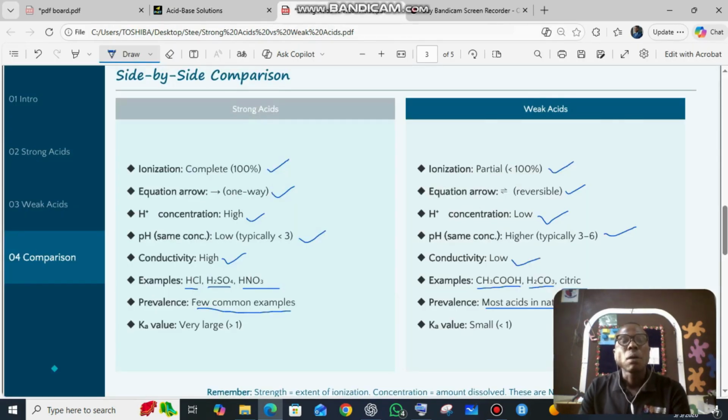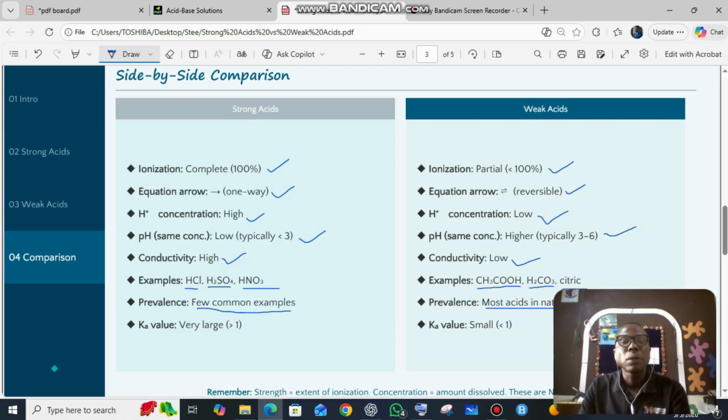So far, we are able to differentiate between strong acid and weak acid. I believe you have been able to understand the difference between them.